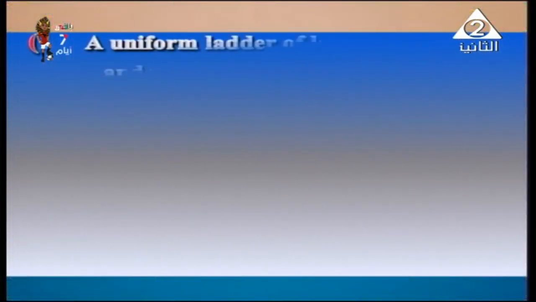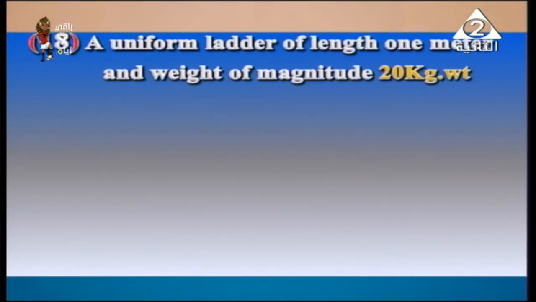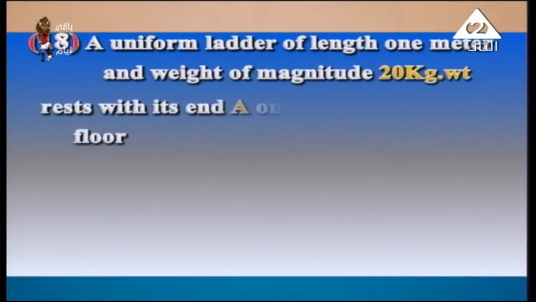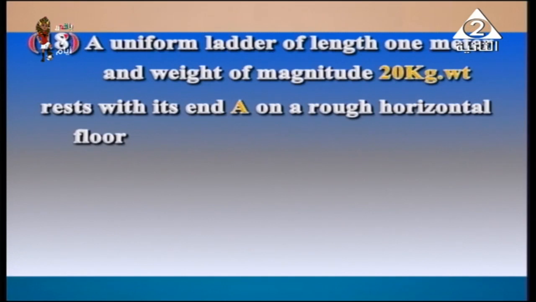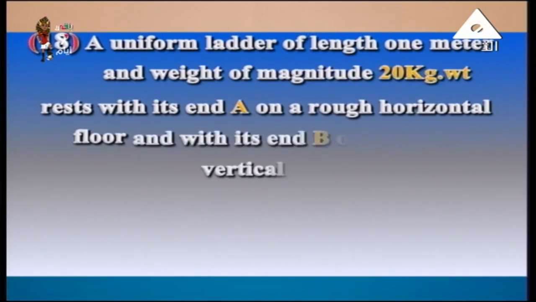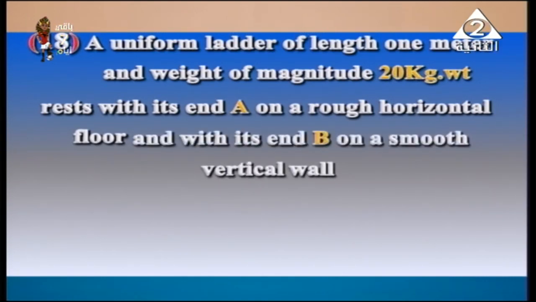A uniform ladder of length 1 meter and weight of magnitude 20 kilogram weight rests with its end A on a rough horizontal floor and with its end B on a smooth vertical wall. My dear student, we have a uniform ladder. What do you mean by uniform ladder? Excellent student, its weight acts at the midpoint.